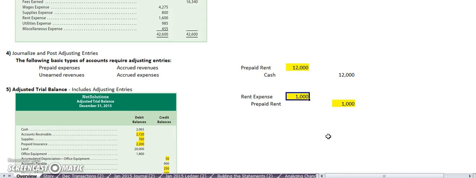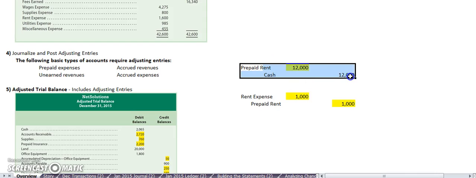these adjusting entries, the initial transaction comes with some sort of document that's going to alert you to make the entry. So here, for example, what better alert than $12,000 of cash going out? You'll be able to see that either in the bank statement, or in some sort of purchase order and so forth.